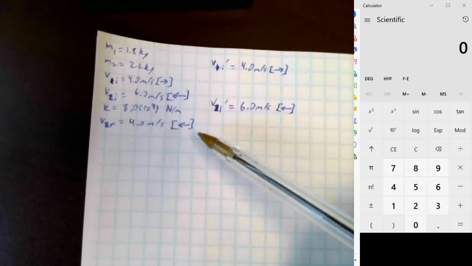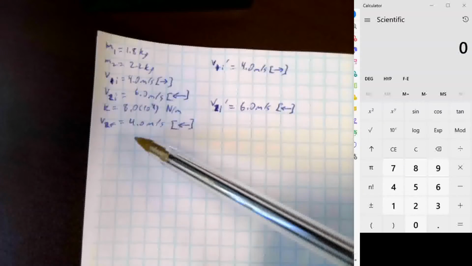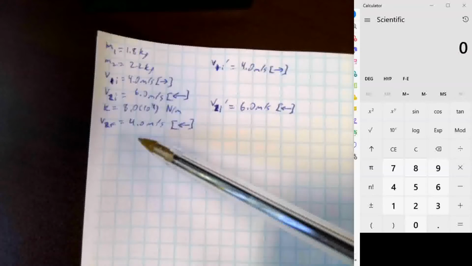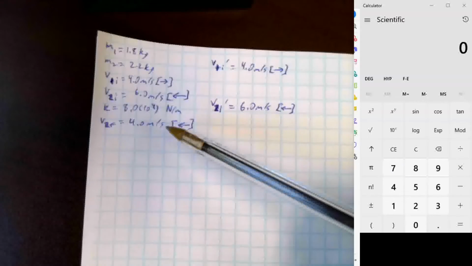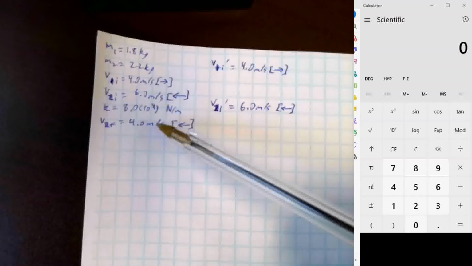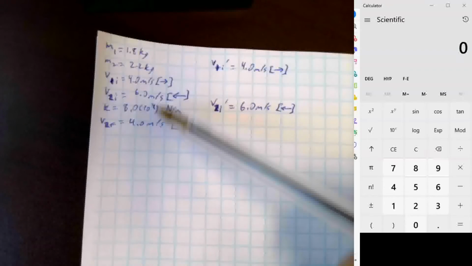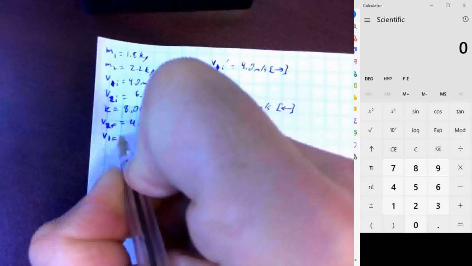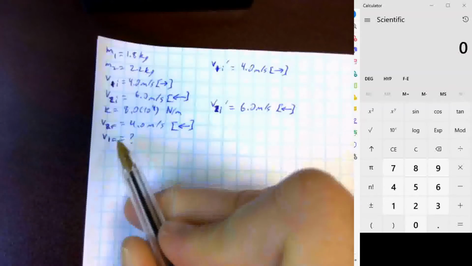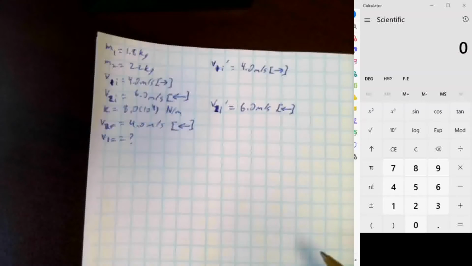Now this isn't our final velocity in terms of after the collision is complete, but this is during the collision. Our V2 is going to slow from 6 to 4. And we want to know, our unknown in this case is what is V1F when V2F is 4.0 meters per second to the left.